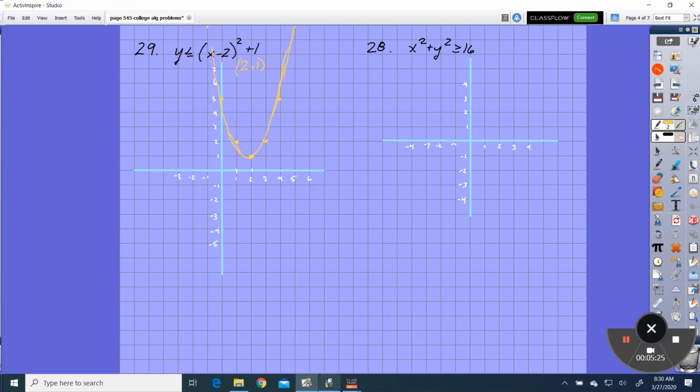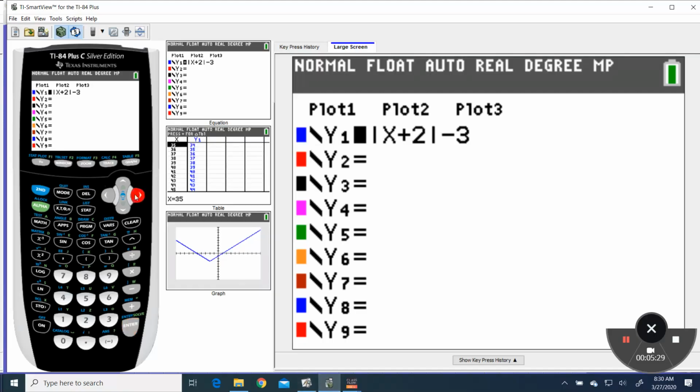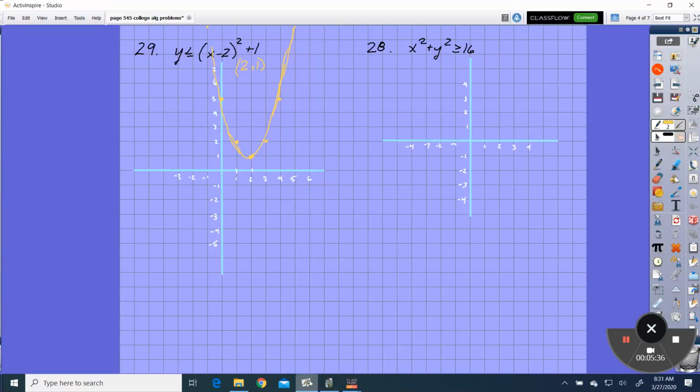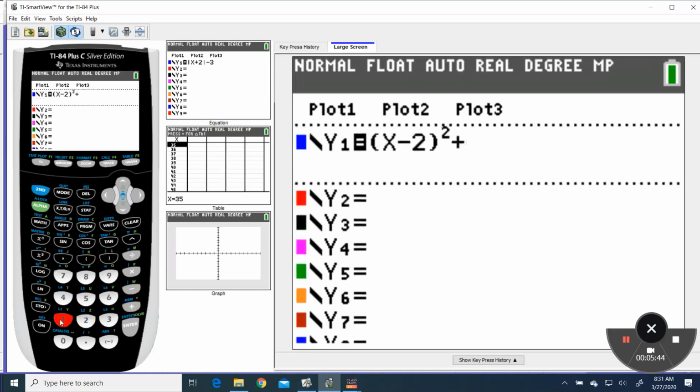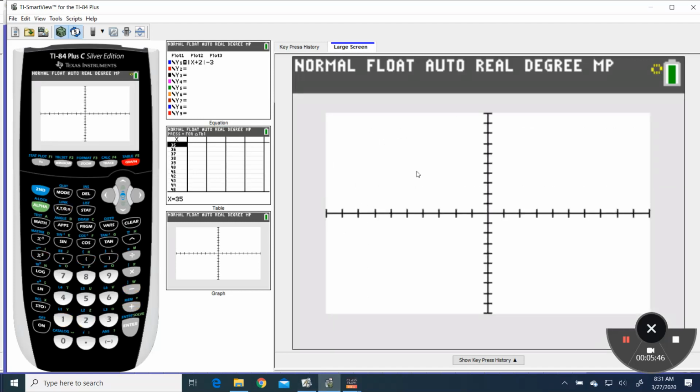Okay. Again, you could go to your calculator. I don't have the buttons to do the inequalities. I need to download a pack for it on my computer, and I haven't yet. So anyways, you can graph it on your calculator.